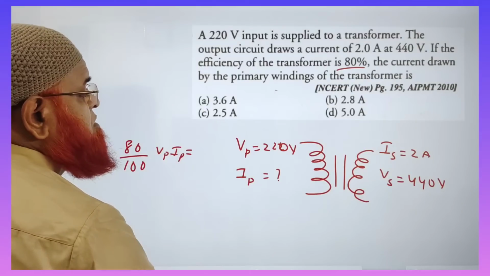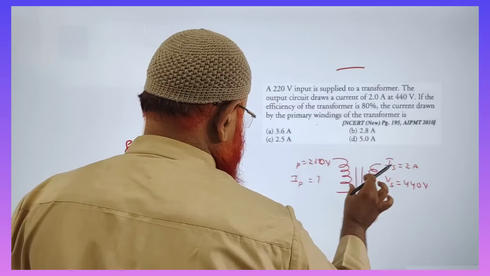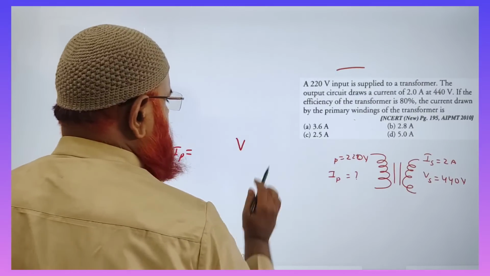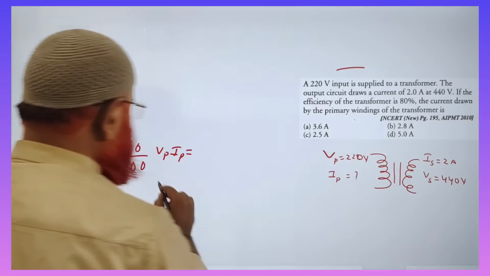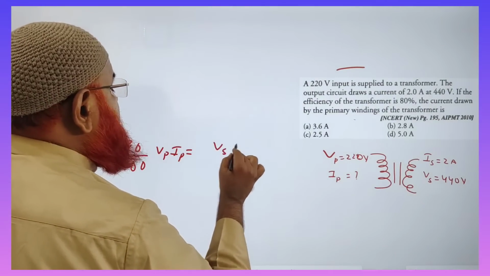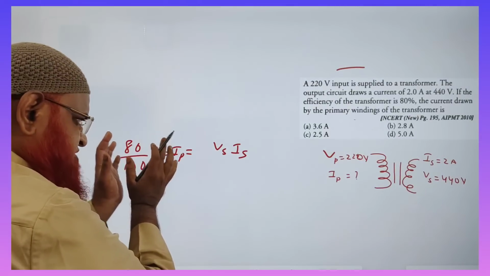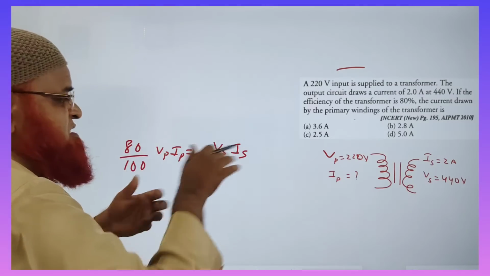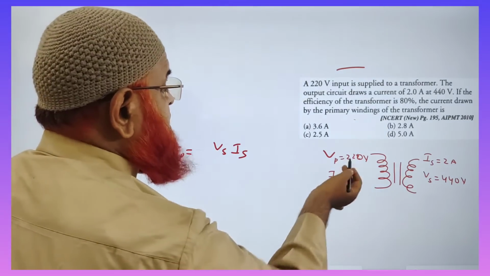VP is equal to... 80% of input is equal to VSIS. Only 80% of input is at the output. It means 80% of input is this much. So what he is asking us to find is IP.